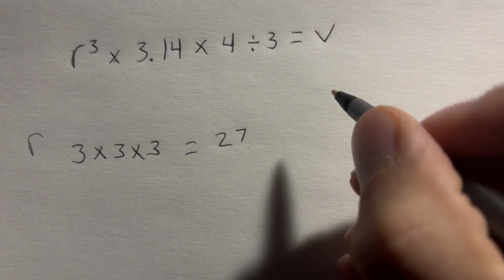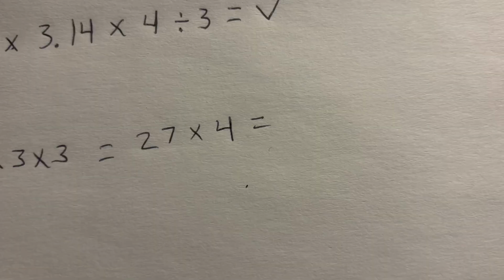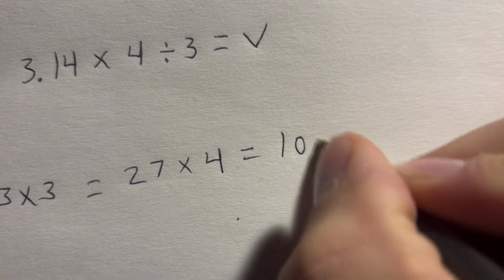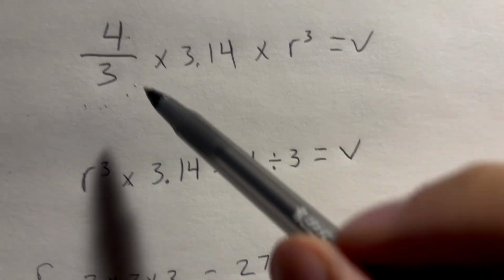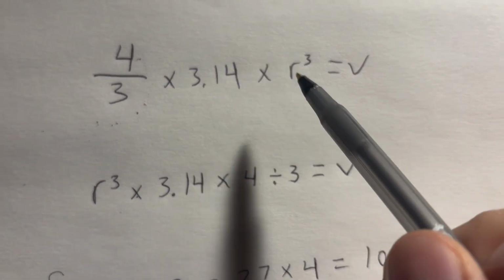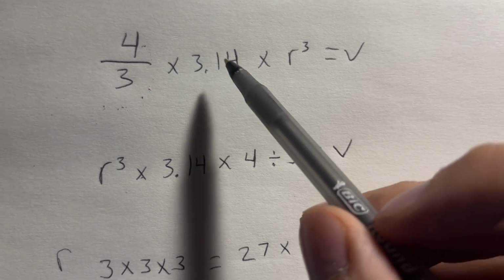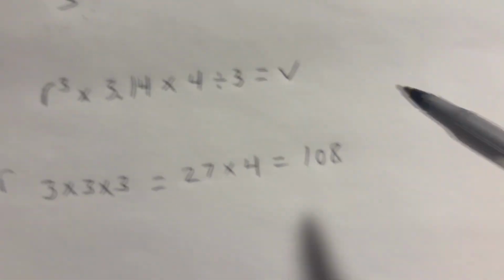And 27 times 4 is 108. So the 4 times 4 is this. So we got the radius, multiplied that by pi, then multiplied that number, the answer we got, by 4, and now we divide it by 3.